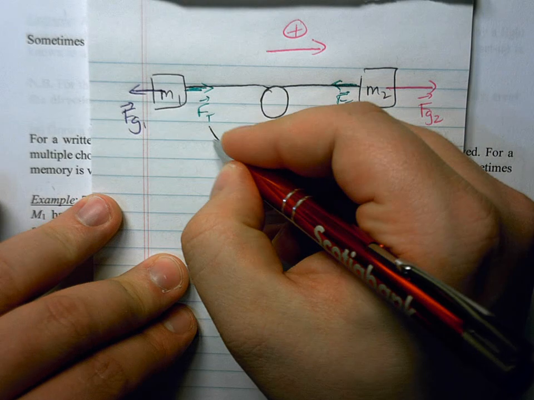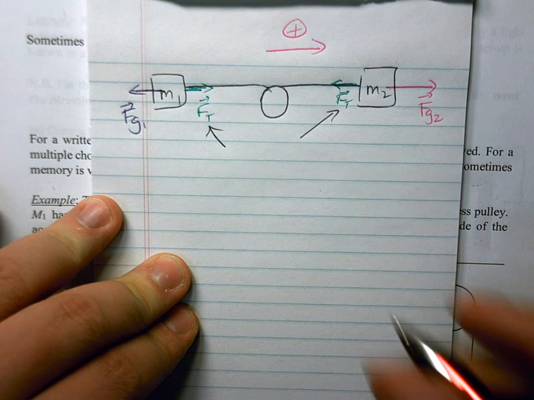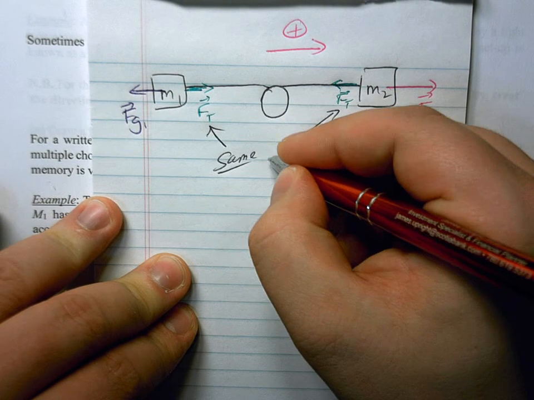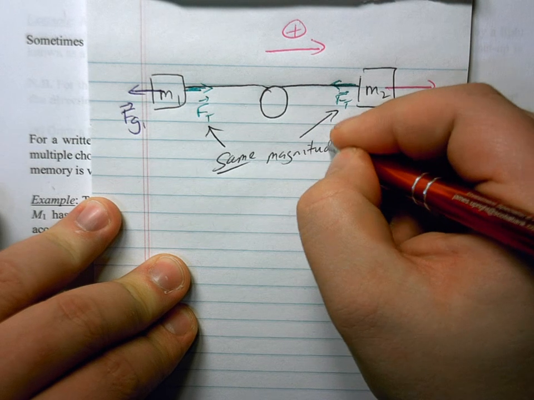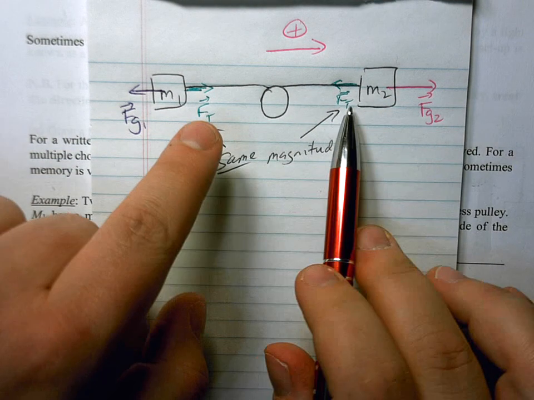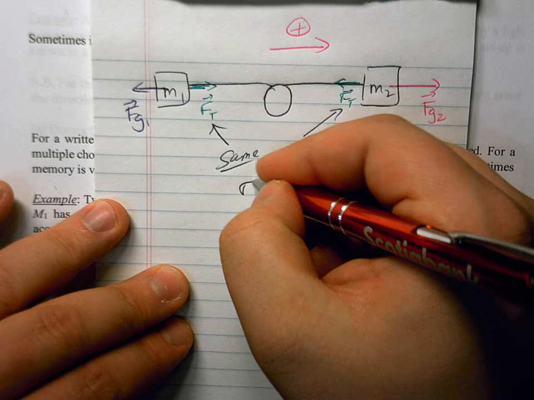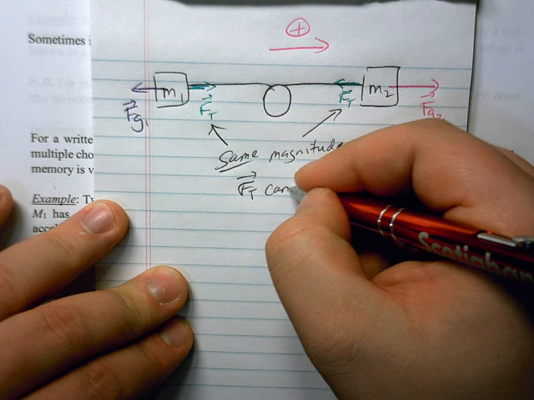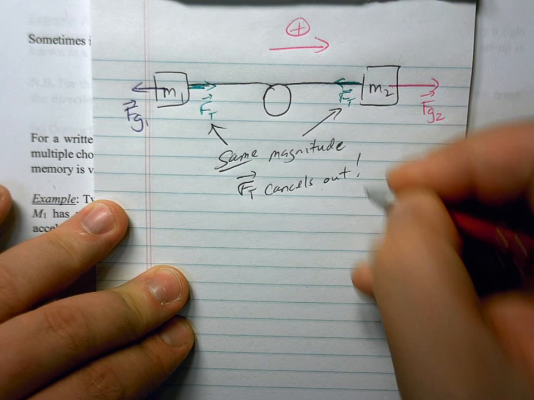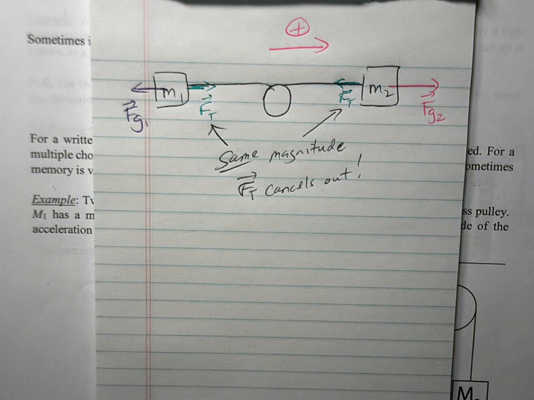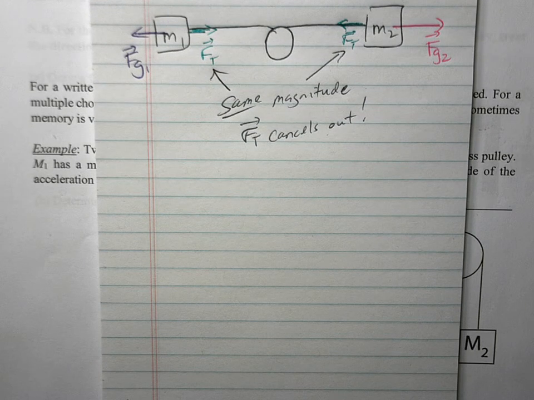What that means is that this Ft and this Ft have the same magnitude. You'll also notice that they are pointing in opposite directions, or acting against one another. So Ft is going to cancel out. Because the force of tension is an internal force, we can actually ignore it entirely if we're looking at the whole system.